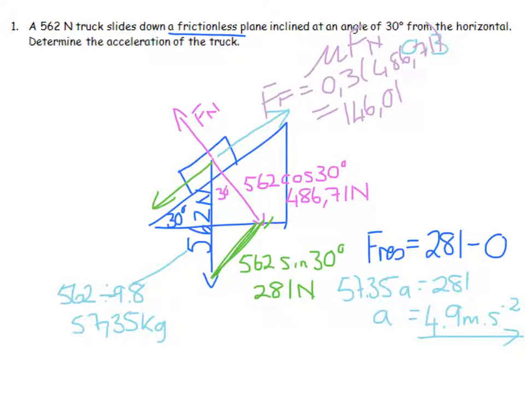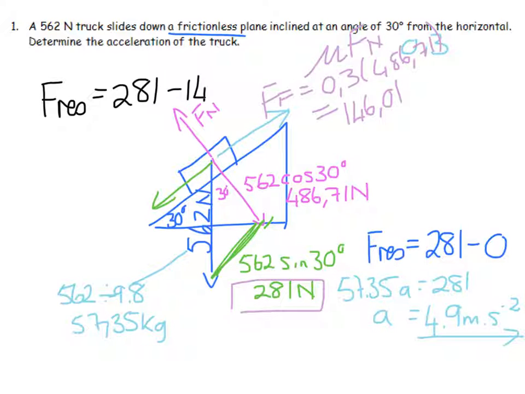Down the plane, I've still got this 281. So what is the force resultant on this particular object? Force resultant is equal to big force going down the plane, 281, minus small force, 146, that's the frictional force, and that's going to be 134,98.